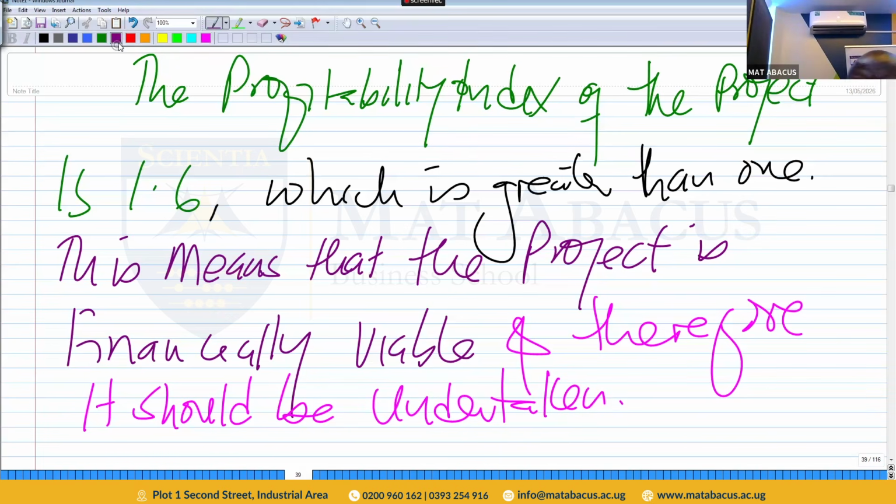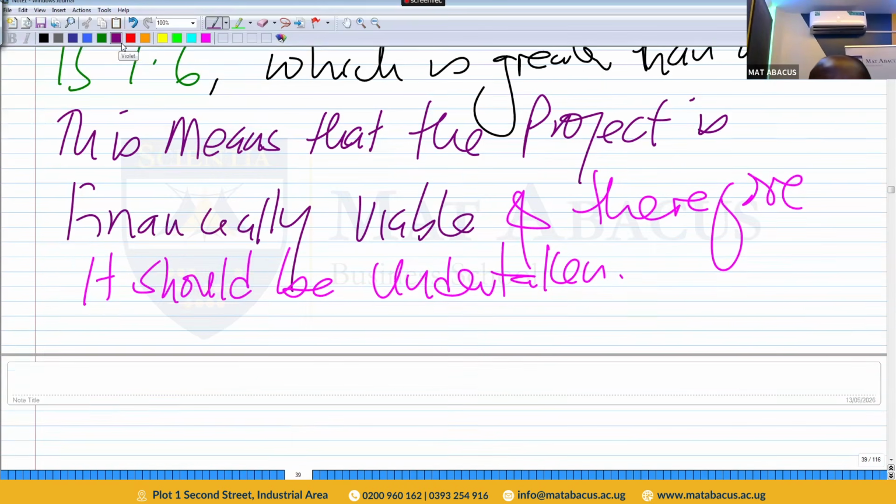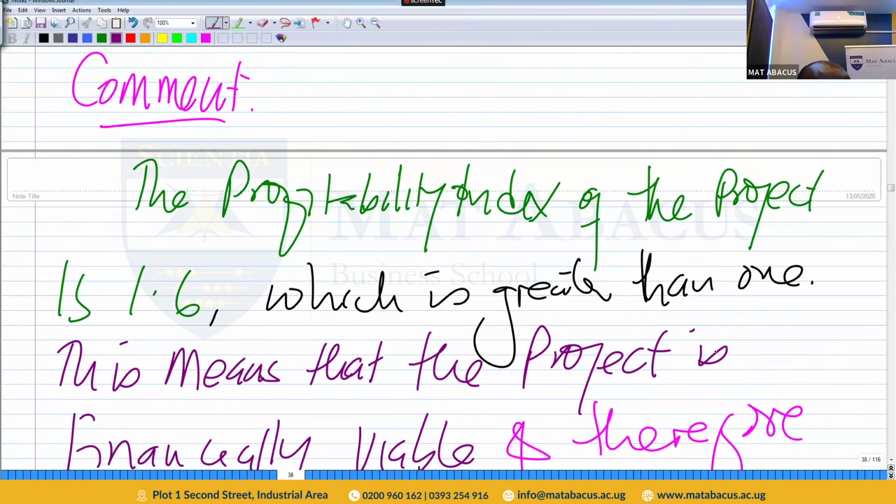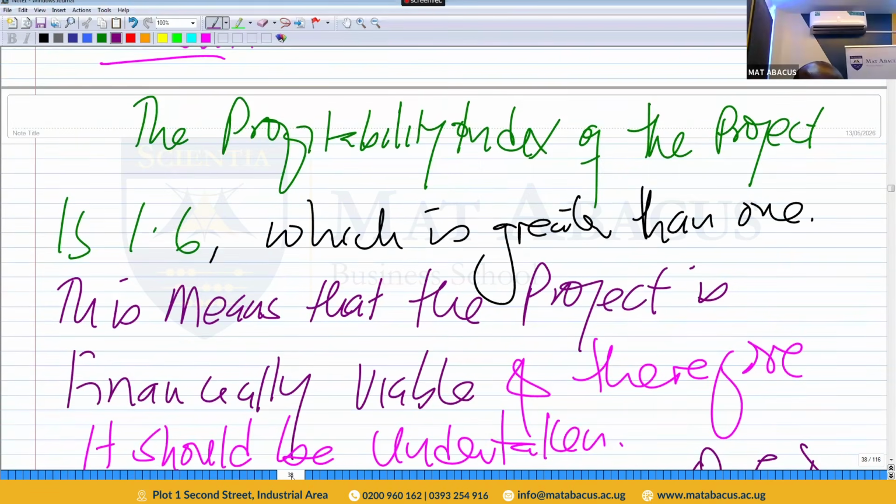If you are strong enough, you can add there QED. That's how you should have presented your solution, and you'd get your full marks.